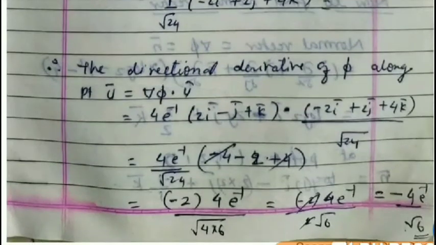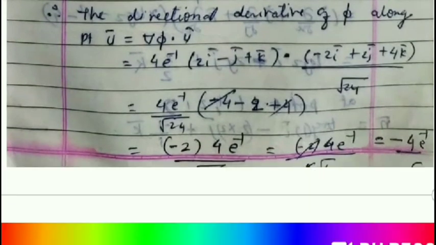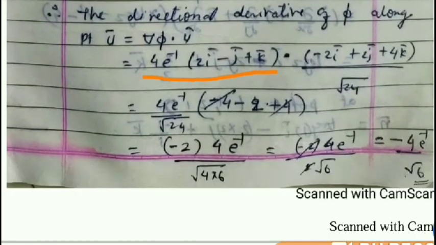The final step: the directional derivative of phi along vector u bar is del phi dot u cap. Put the value of del phi here, dot, and put the value of u cap. Take the dot product of these two vectors. The other term is constant.